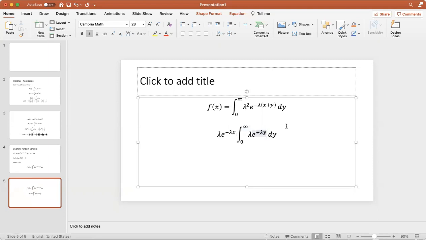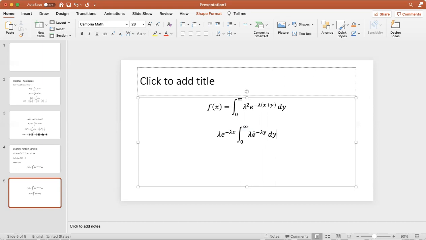Now that it's a function of lambda y, by inspection, taking note of the rules of integration and differentiation for exponential functions, you can actually get the integral of this term. If you wanted to do it the long way, you can use integration by substitution, which is perfectly fine.